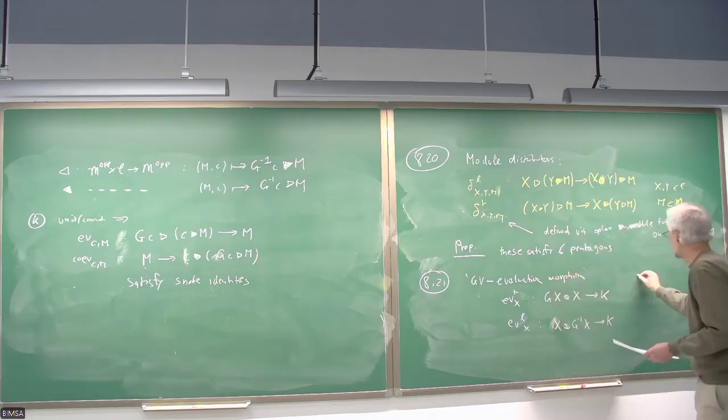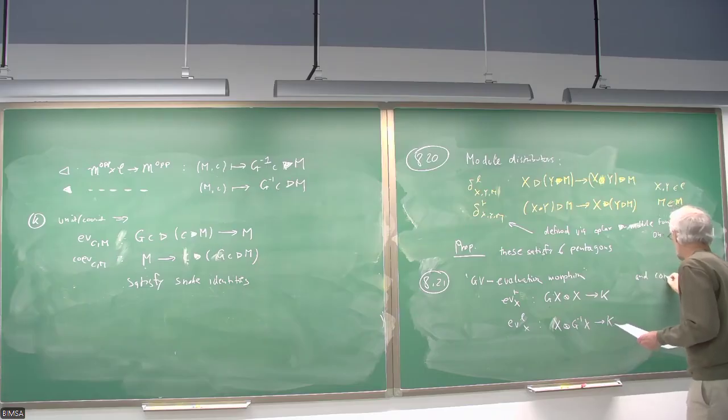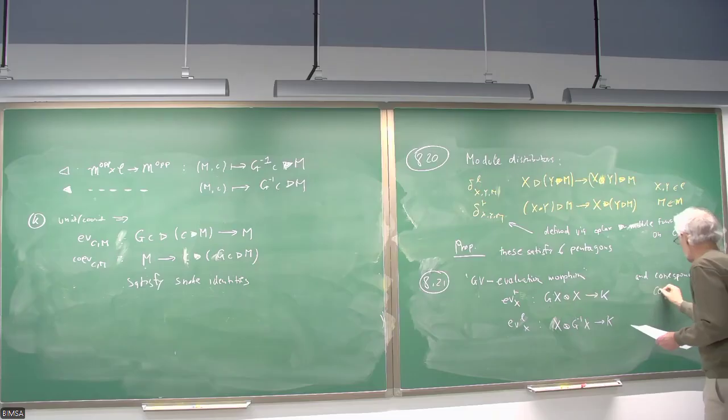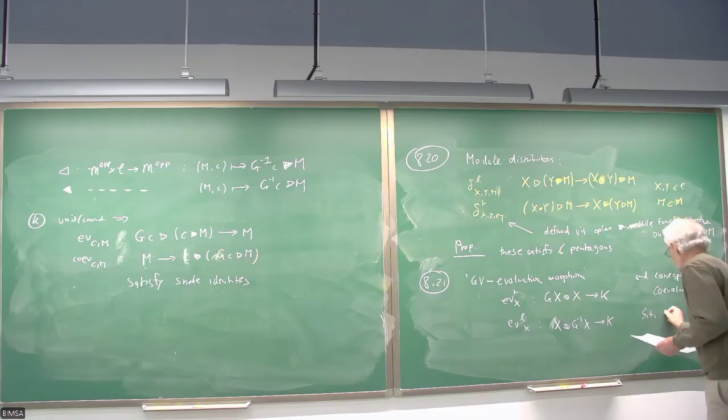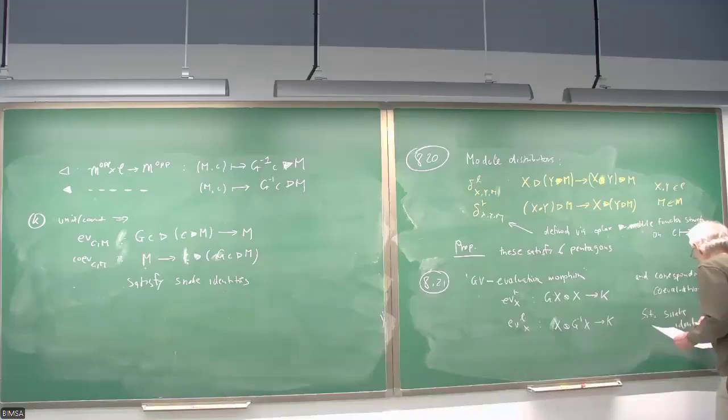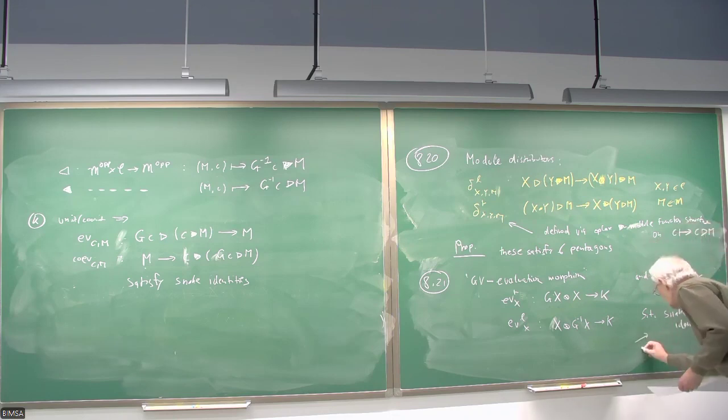And corresponding coevaluations, so that we get snake identities. I don't write them down, but they involve distributors.